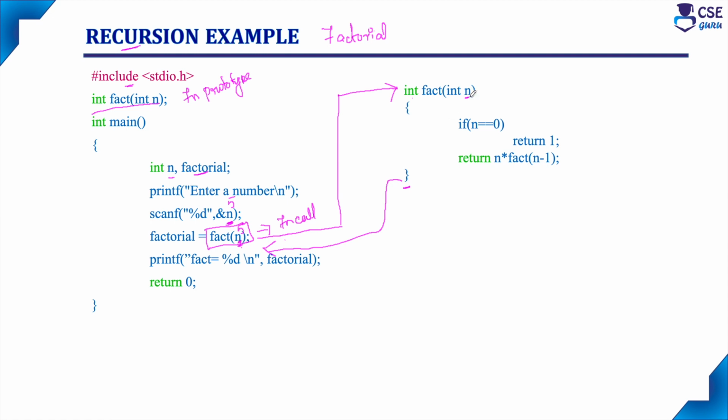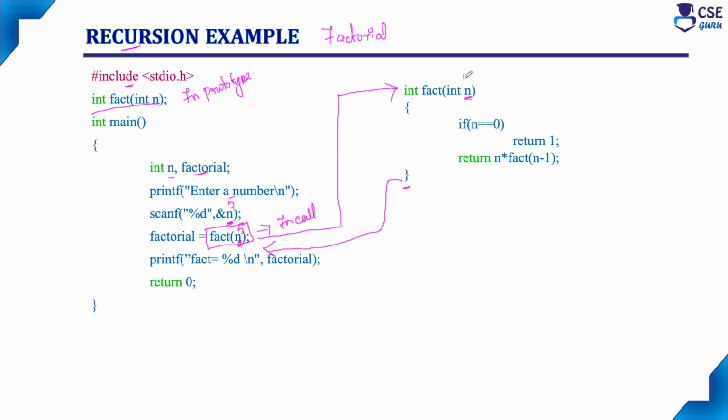In the function call, n is the actual parameter, and in the function header of the function definition, n is the formal parameter. When the parameter is passed, the user-defined function creates a copy of the actual parameter, and that copy is the formal parameter.